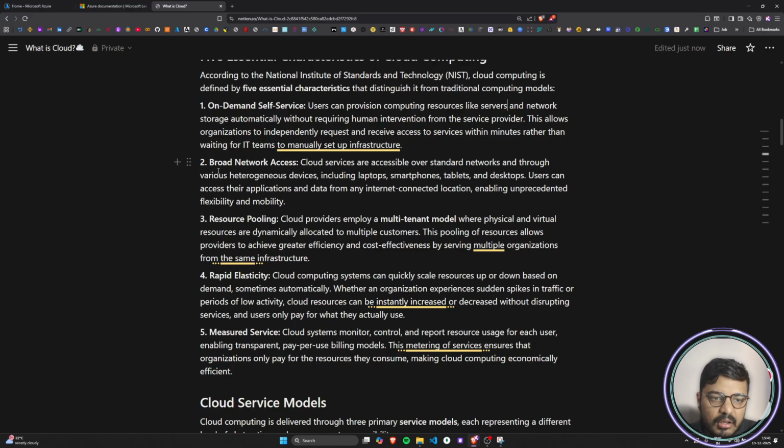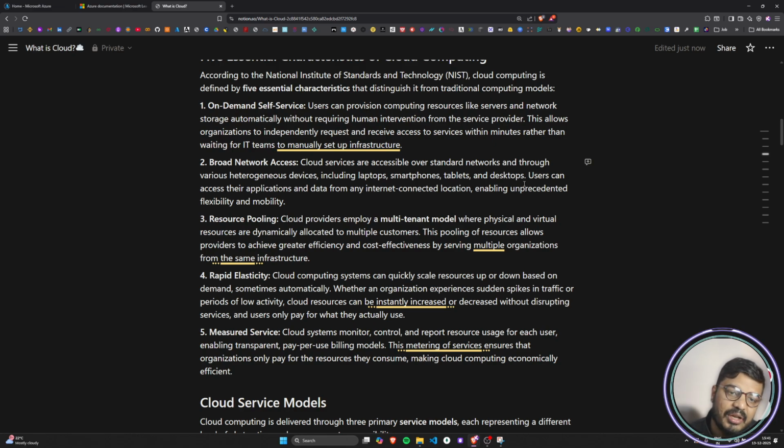Okay. Then the second thing is broad network access. Cloud services are accessible over standard networks and through various heterogeneous devices, including laptops, smartphones, tablets, and desktops.